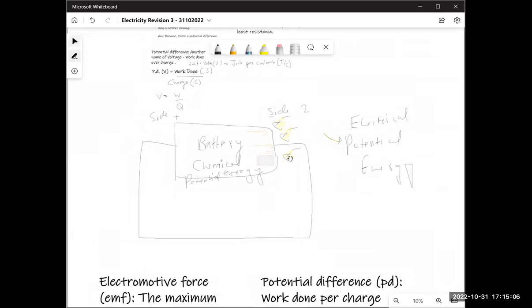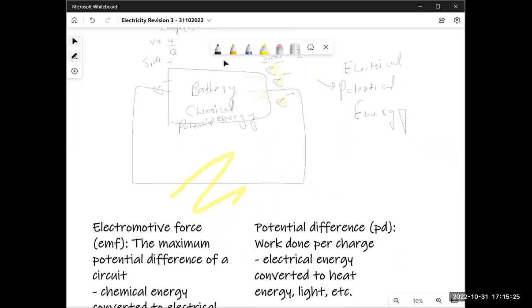When the electron goes from here to the other side, it takes all the energy from here, but when it reaches this side, it loses all the energy. Where does this energy go? It is lost as heat.